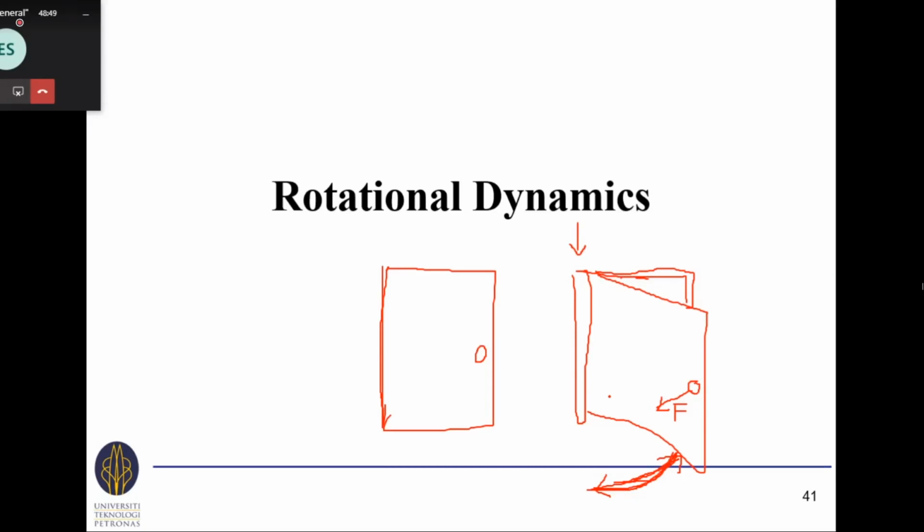When you rotate the pen and the calculator, they have different shape and different mass. Those are the factors that we are going to put in the calculation, and see what factors are related to the rotational motion as well. So rotational dynamics is for you to know how to rotate an object, what direction it is rotating, and what factors affect the rotational motion.